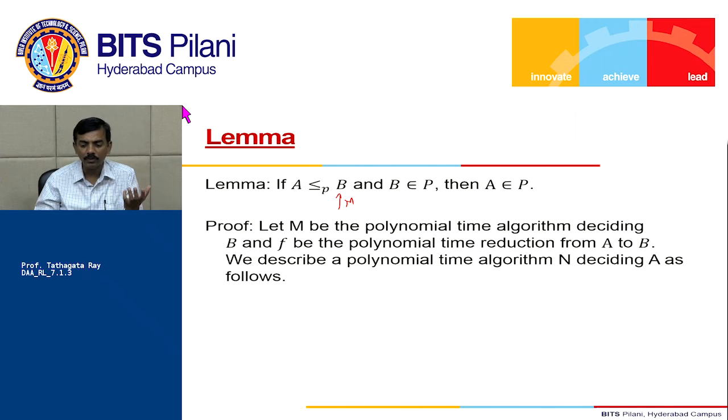So let M be the polynomial time algorithm deciding B, and f be the polynomial time reduction from A to B. Since A is polynomial time reducible to B, there exists a function f which can compute in polynomial time, given a particular string from A, the corresponding string in B. Now we describe a polynomial time algorithm N deciding A as follows.